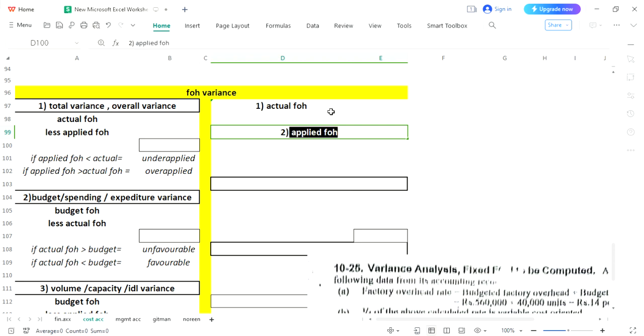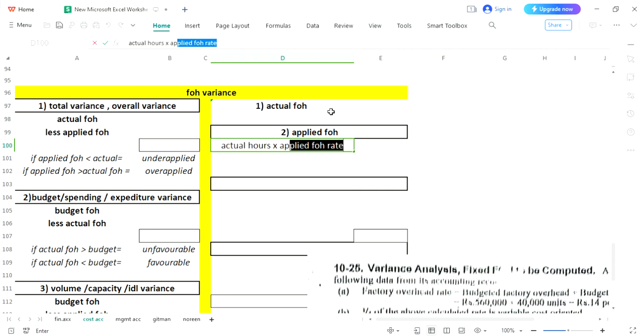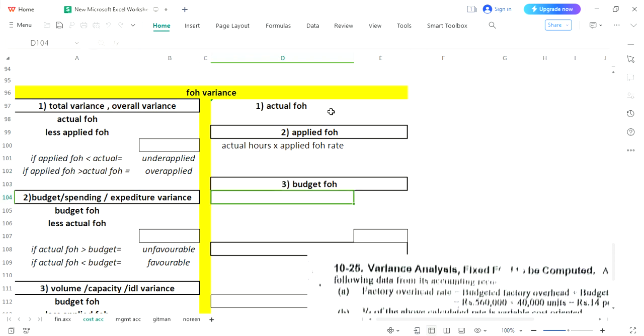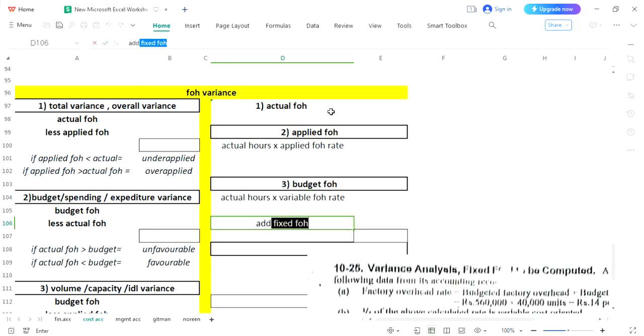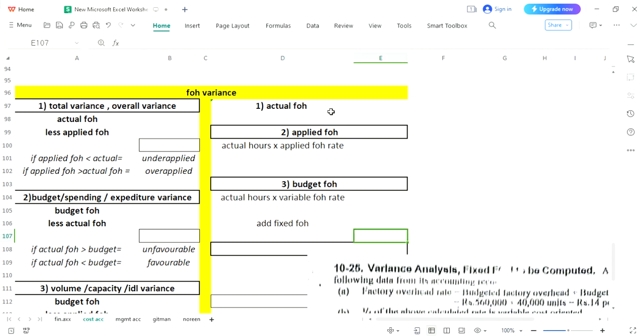It has a single line formula: actual hours, which would be given in the question, multiplied by the applied FH rate. Then you will calculate your third, budget FH. It has a two line formula. First, you will see actual hours, units, and multiply them with the variable FH rate. You will add fixed FH, and the sum of these two lines would be your budget FH.